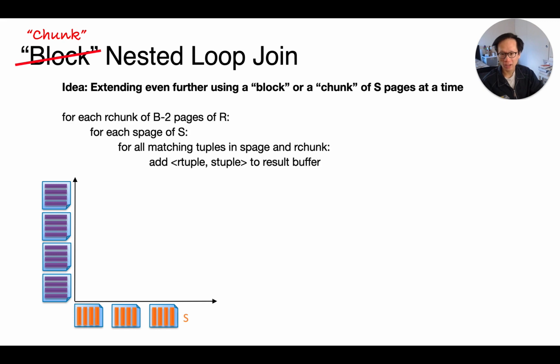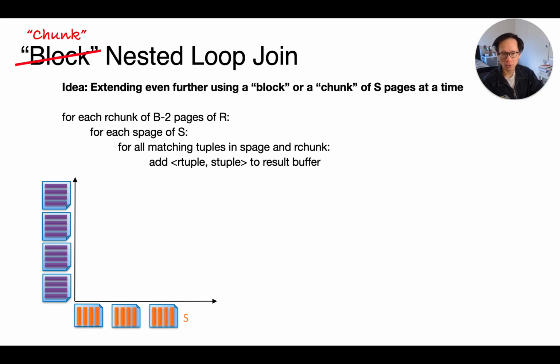We will actually have B-2 pages to work with here. Why? Because we need one page for loading in the tuples from S and one page to store the output. So we are going to take B-2 pages of R, we'll call that a chunk. For each chunk of B-2 pages of R, we are going to scan through S. For each chunk, and for each S page, we will form all matching tuples in memory.